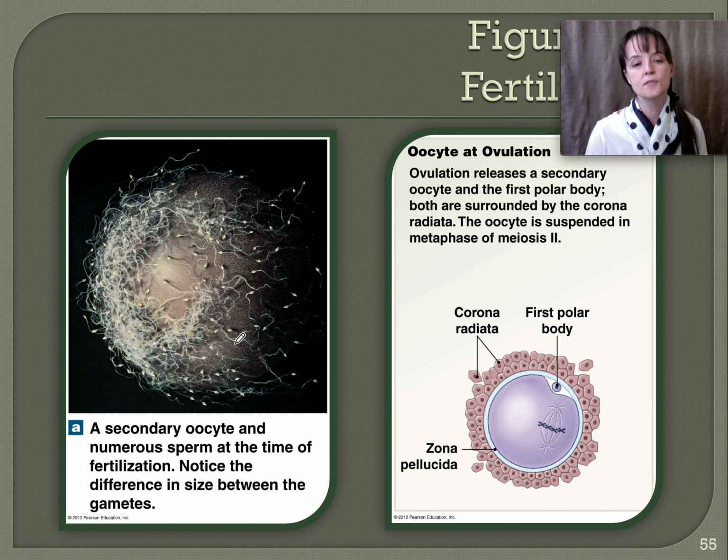Those are the two things needed to cause capacitation in the sperm. So the male and female reproductive tracts both need to be functioning correctly for fertilization to occur.